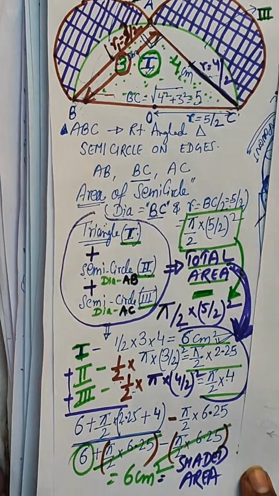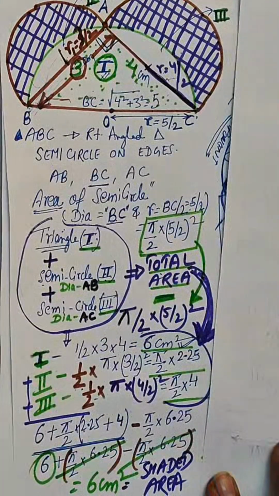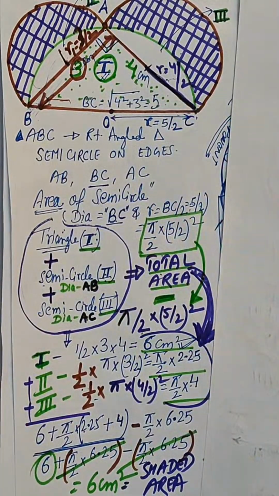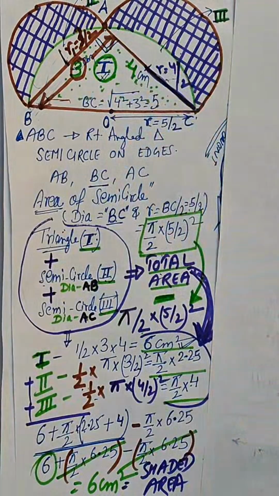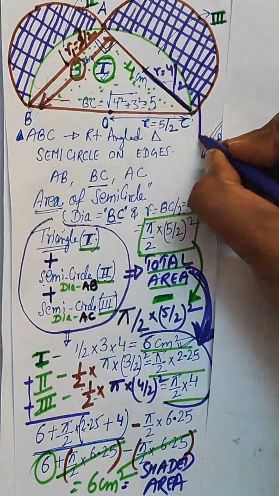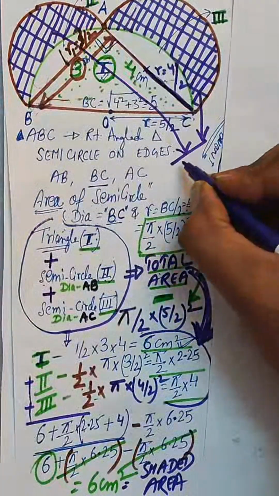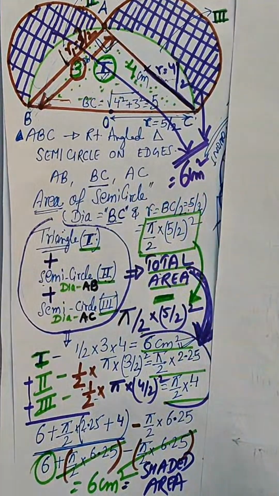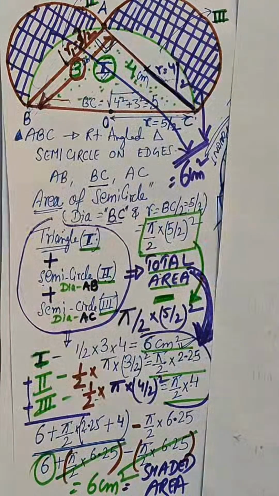So my dear friends, 6 centimeter square is the shaded area for the question which we've taken up for today, right? 6 centimeter square is the shaded area. So let me write the area of the shaded area, this one plus this, both will be equal to 6 centimeter square, which we have solved over here, right? And in this way we have solved this question, my dear friends.